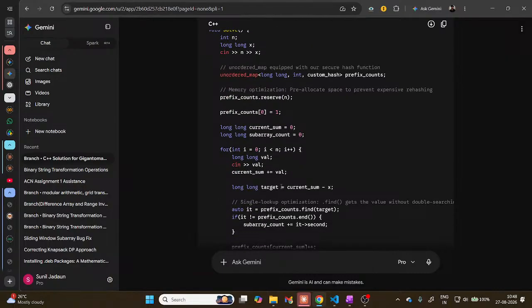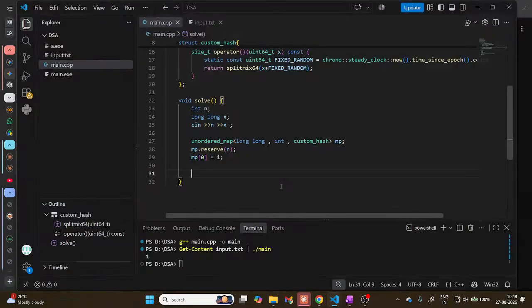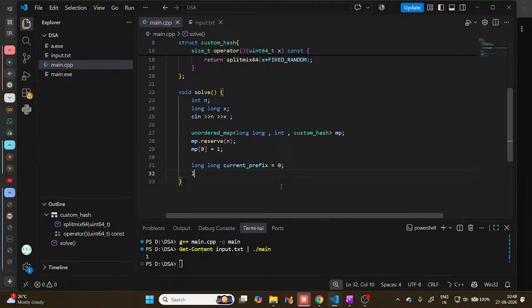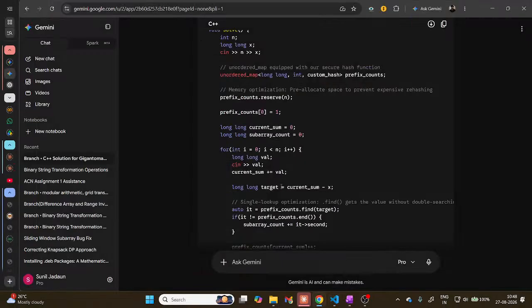Long current sum, long count, right? Long current prefix equal to 0, long count equal to 0 also.